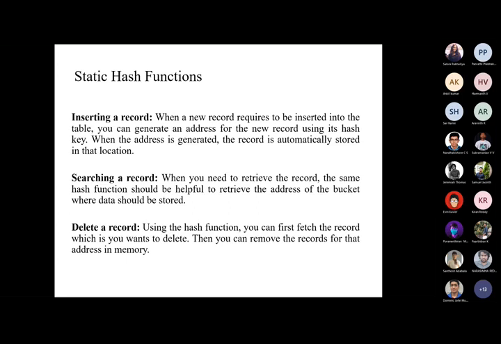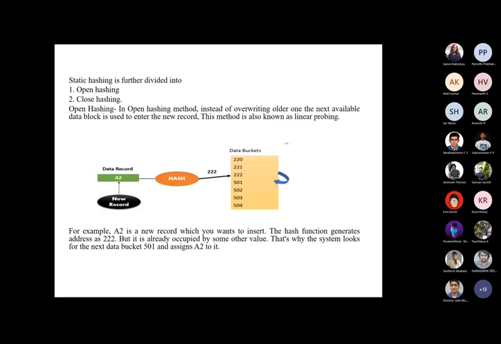For searching, whenever you need to retrieve a record, the same hash function can be used to retrieve the address of the bucket where the data should be stored. For deleting a record, you retrieve the record using the hash function and perform the delete operation. So this is about the static hash function.